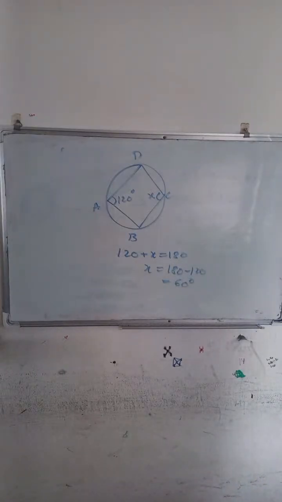A line drawn through the center of a circle to bisect a chord is: first option, parallel to the chord; second option, perpendicular to the chord; C, also a chord; D, diameter of the circle.